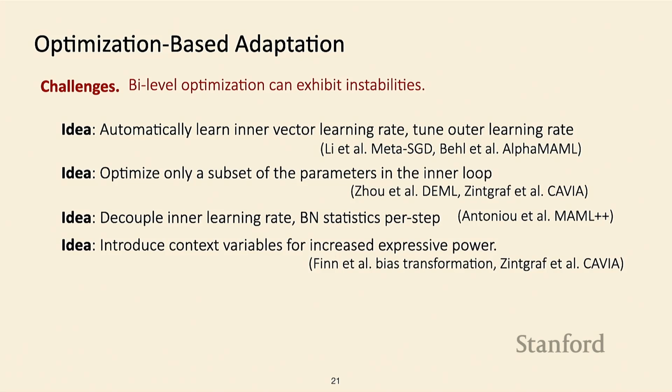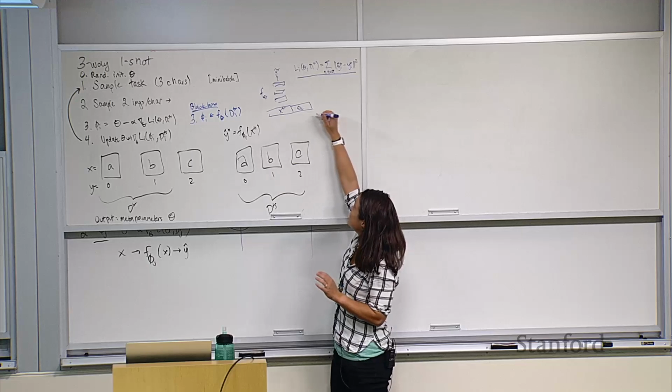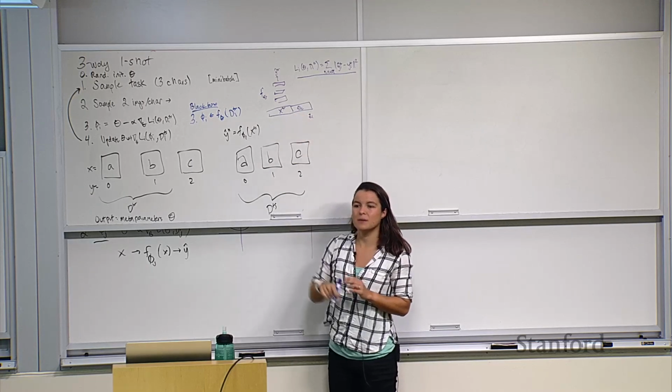And then, I don't want to go into too much depth in this, but there's also approaches that try to introduce a sort of context variable, so that instead of only optimizing for the parameters of this neural network, you can essentially add a variable that's part of theta as part of the network. You can sort of think of this as like the zi that we saw in multitask learning, that you're optimizing as well as the other parameters.